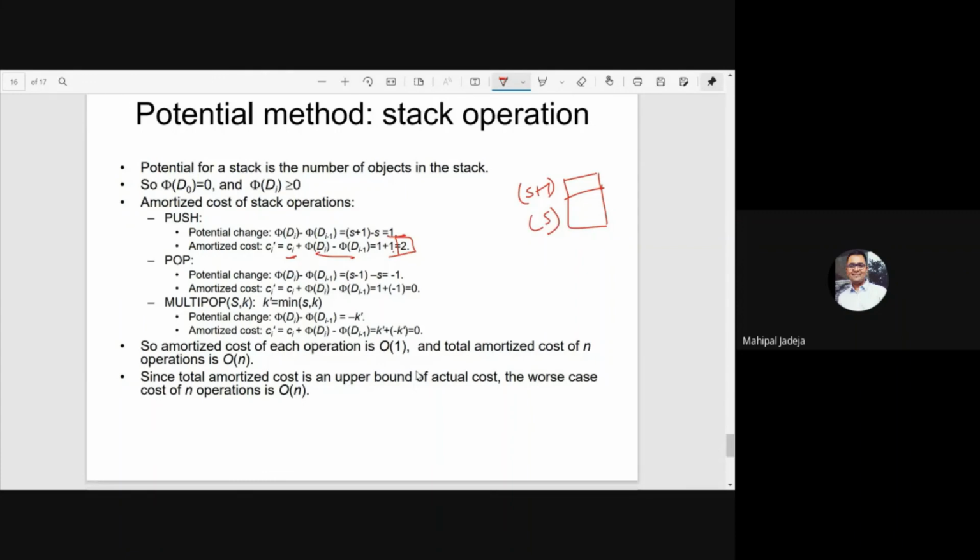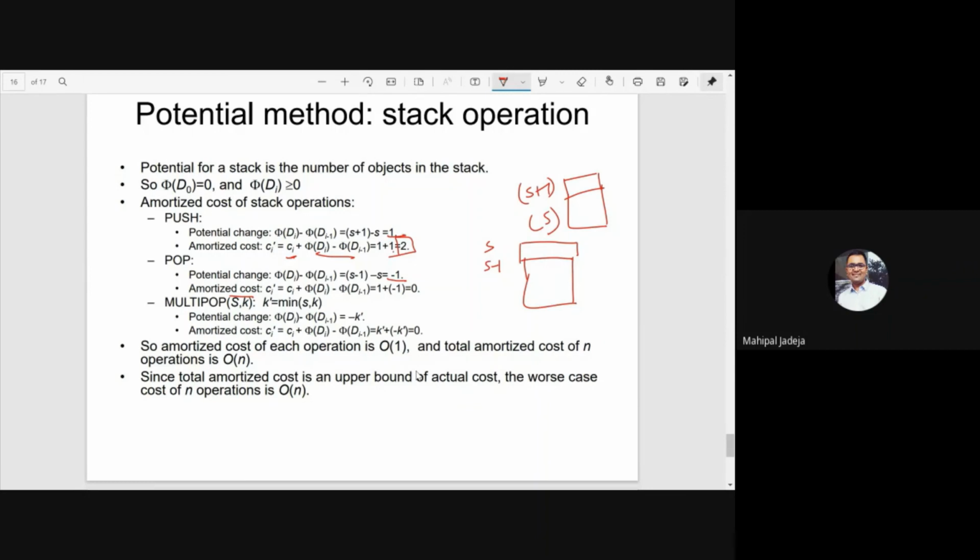And with respect to pop, what will happen? I'm removing one element. After the ith iteration, elements will be S minus 1, but before this, the total number of elements was S. So potential is dropping by 1, and potential change is minus 1. The amortized cost is actual cost plus potential change.